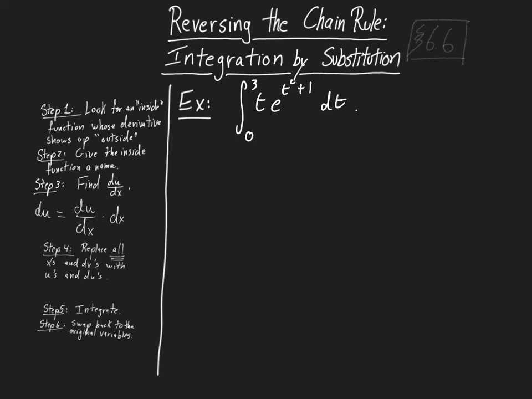All you have to do is first do these 6 steps that I've explained here, and then plug in the limits of integration. So this would add just a step 7. Step 7. This is for definite integrals.